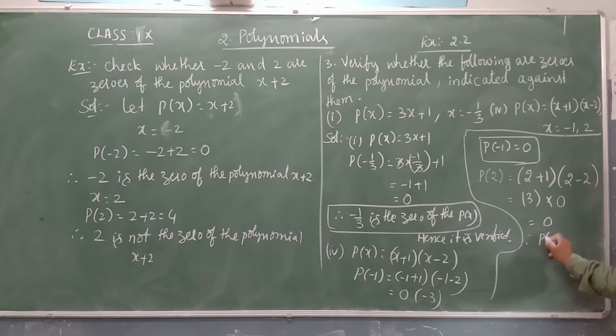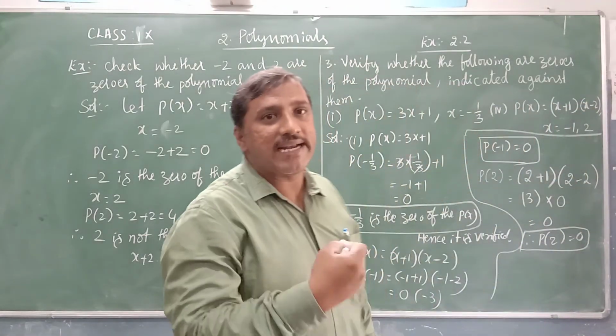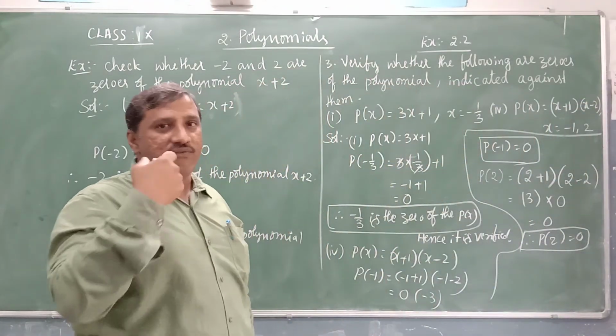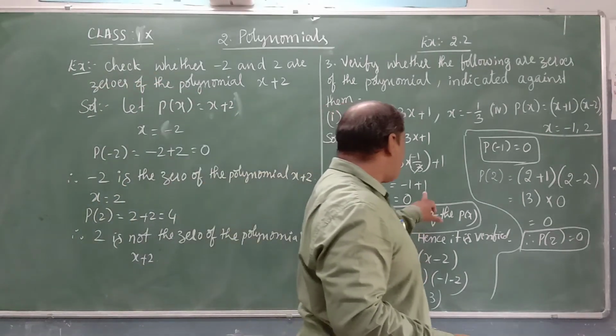P of 2 is equals to 0 we got. Now the value of the given polynomial at x is equal to 2, we got 0. Can we say 2 is the 0 of the polynomial P of x? Yes. So what is 0 of a polynomial? It is the number or value of a variable for which the value of the polynomial we get 0.